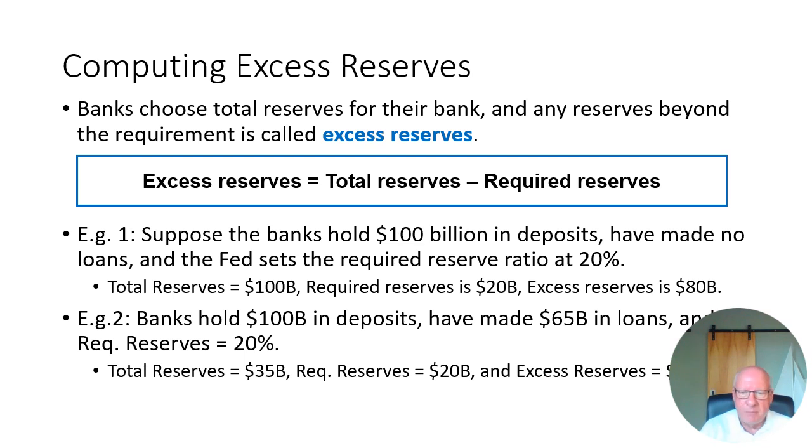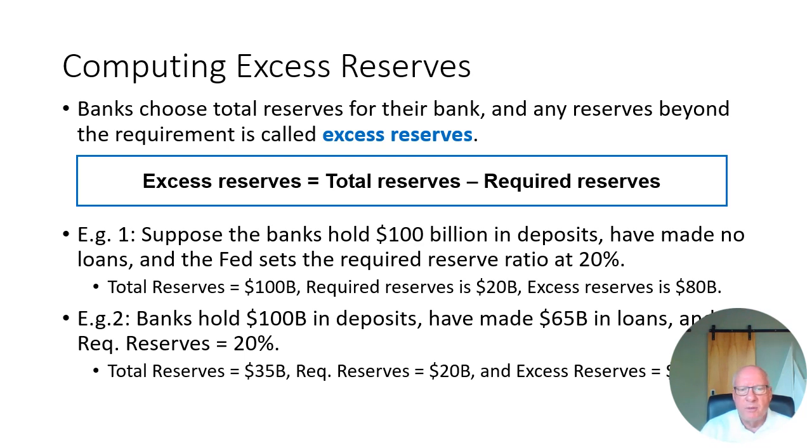You should be able to do it in your head. If they have $100 billion in deposits that are sitting in reserve in the vault, they're only required to keep 20 billion, because that's 20% of 100 billion. That means they must have excess reserves of 80 billion. That would simply be the 100 billion in total reserves minus the 20 billion of required reserves.